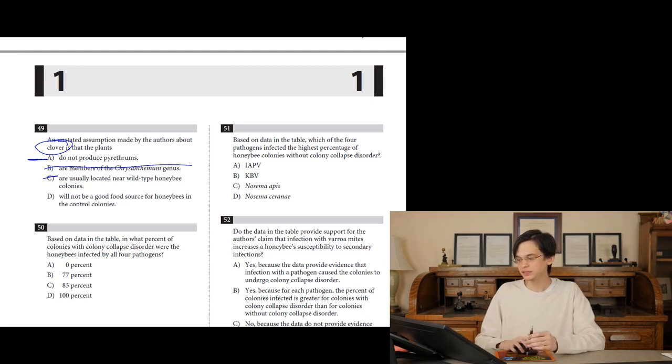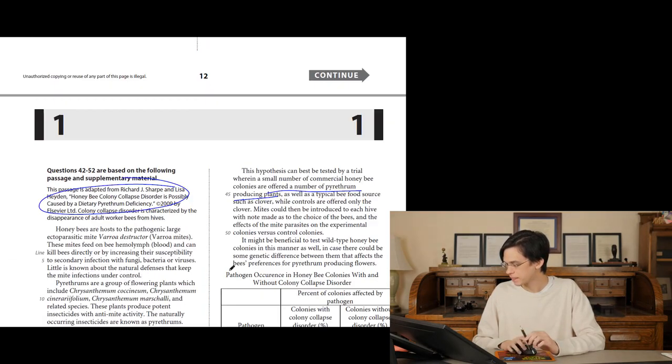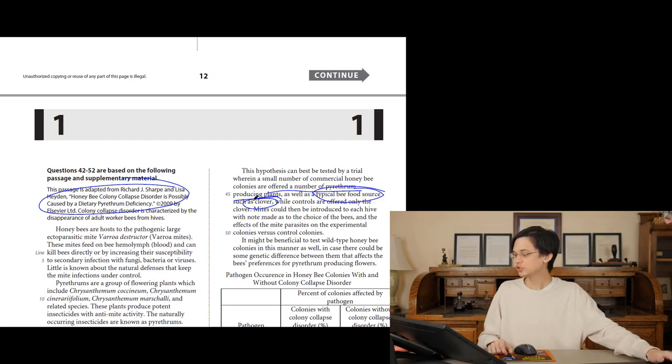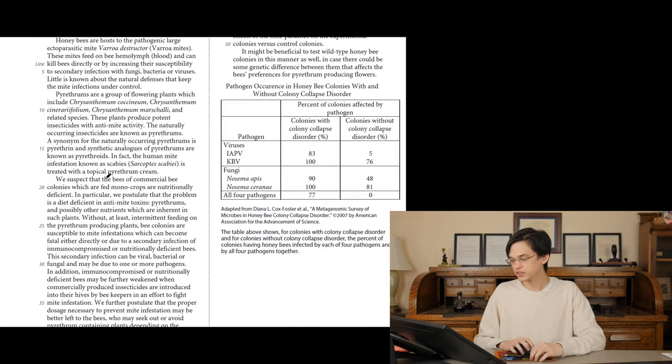What about D? An unstated assumption about clover is that the plants will not be a good food source for honeybees in the control colonies. We don't know. Clover will not be a good food source. Don't they say that a typical bee food source is clover? So we just want to see if clover only is a problem, because isn't the problem with this, we suspect, line 19, that bees of commercial bee colonies which are fed monocrops like clover are nutritionally deficient.